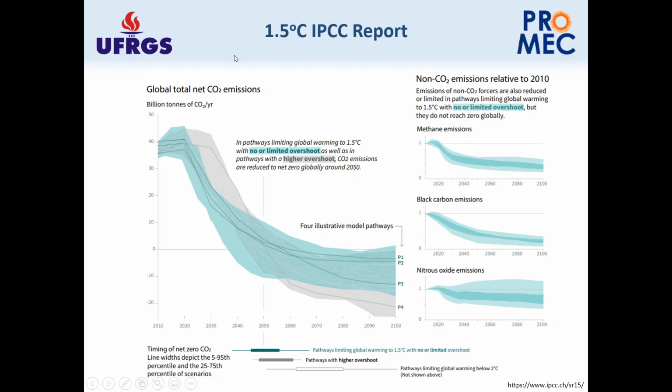If not, the world will warm up more than 1.5 degrees. There's another scenario which takes longer to reduce CO2 emissions. For example, from 2030 to 2040, emissions reduce, but then you have to go to even more negative emissions, so you need to increase the negative emissions in the future.